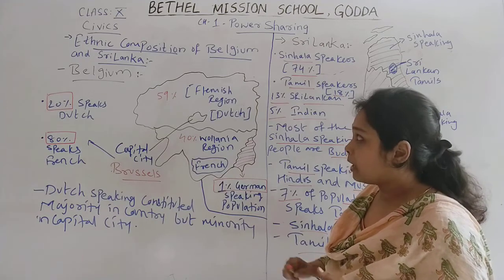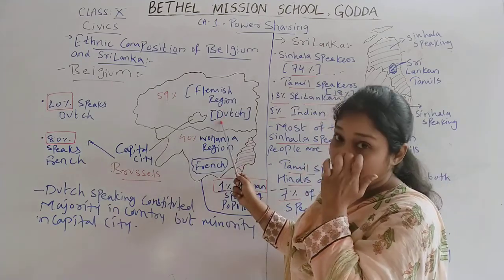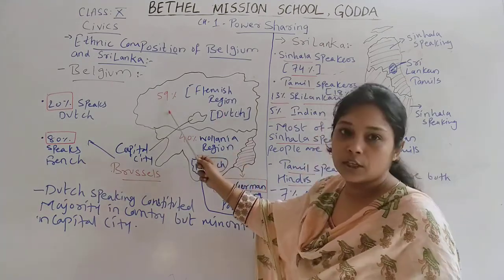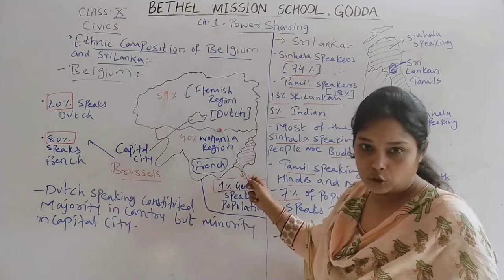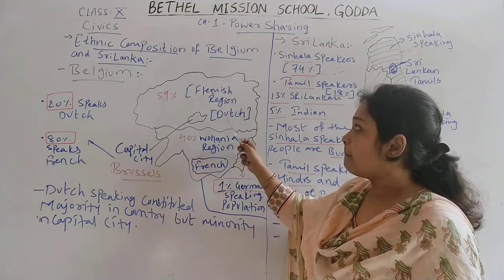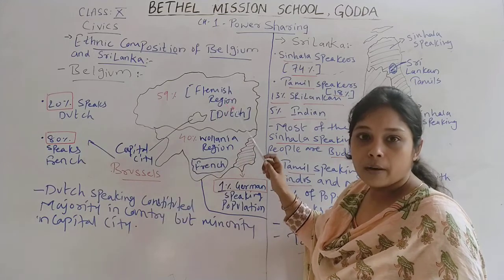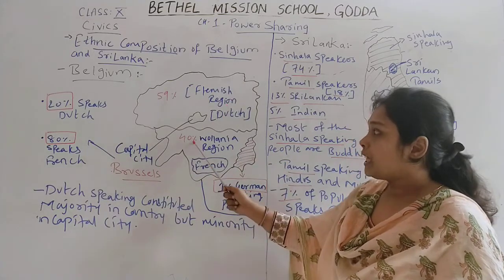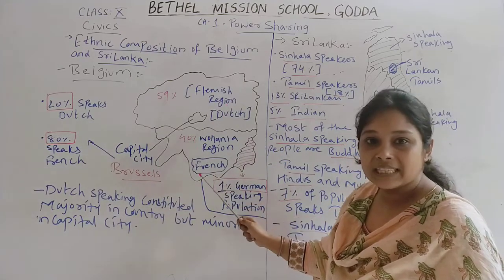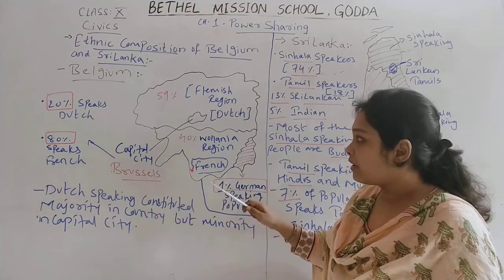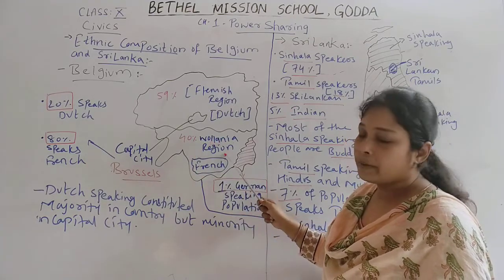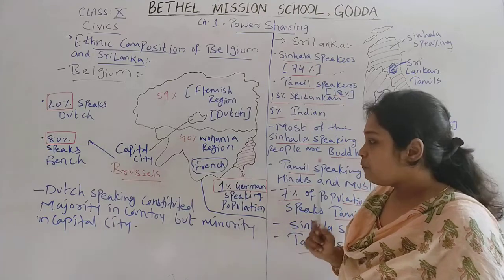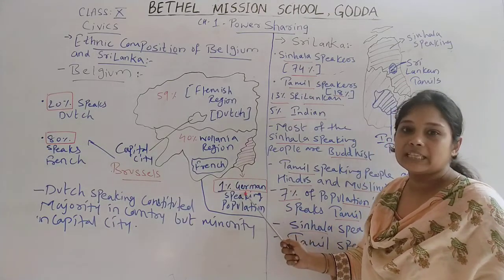Now 59% of the population speaks Dutch and they live in the Flemish region of Belgium. 40% of people speak French and they live in the Wallonia region in Belgium, and 1% of people speak German.